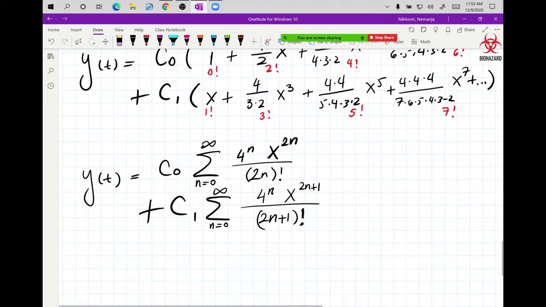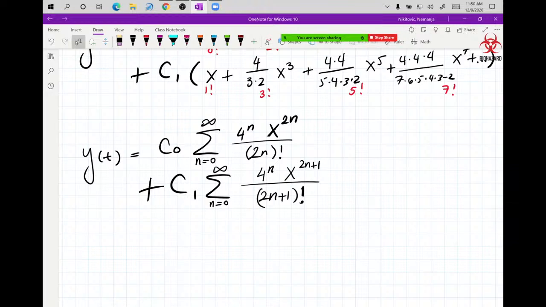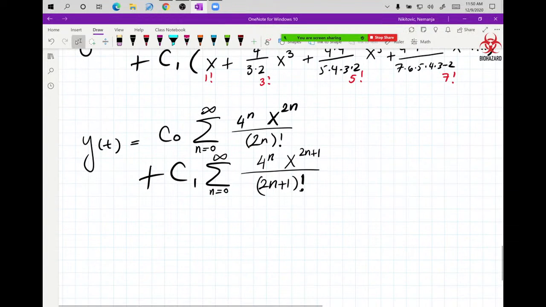So we are able to put these together. And now the question is, right, what are these?